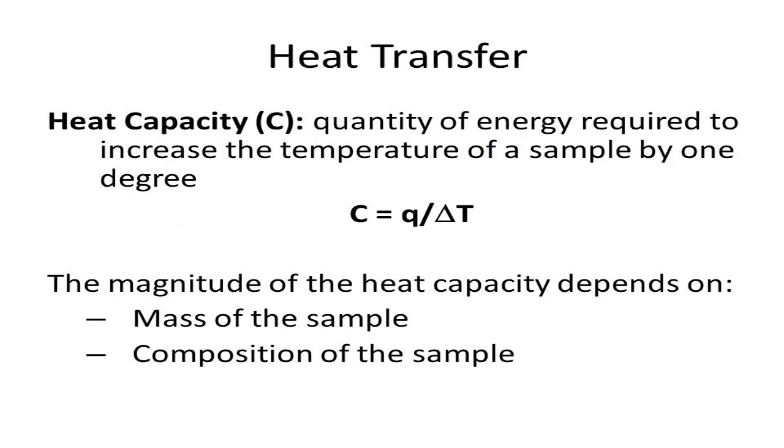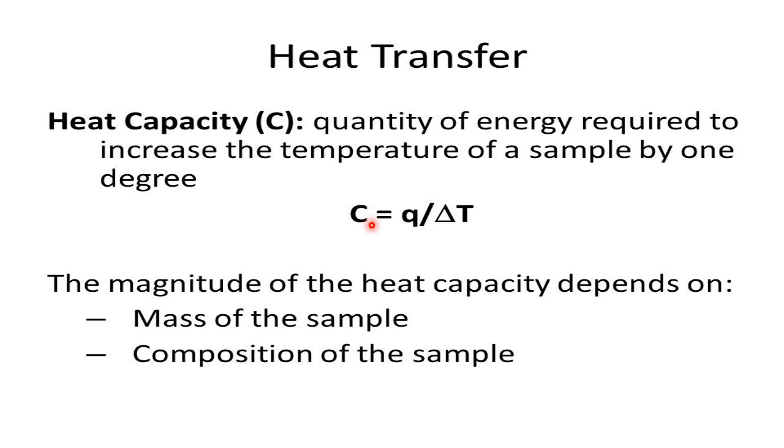The same equation is written in this form also. The quantity of energy required to increase the temperature of a sample by 1 degree is equal to q by delta T. And the magnitude of the heat capacity, that is C, depends on the mass of the sample and its composition also. Just now I gave the example of 1 kilogram and 10 kilogram, where the same sample was there.